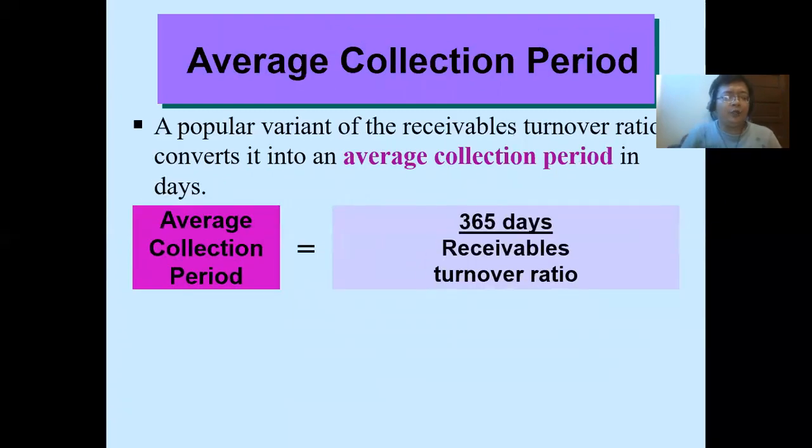When you have AR turnover, its partner is always the average collection period. Okay? What do you mean by this? The number of days in which you can collect from your customers. What is the formula? 365 days divided by receivable turnover ratio.